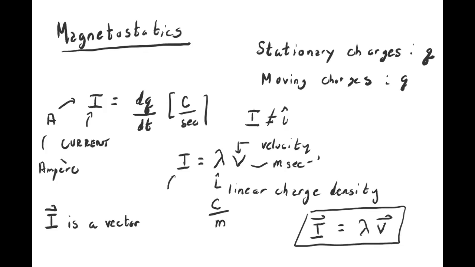And one last thing we can see out of all of this is that since current is just the time derivative of charge, a small piece of charge, dq, is just going to be given by I dt.